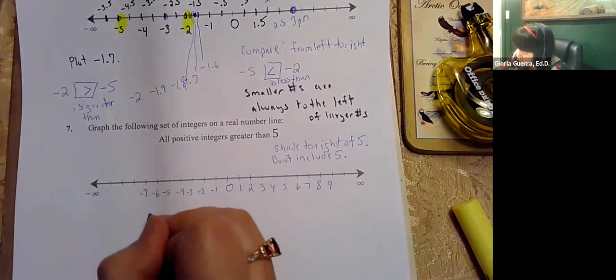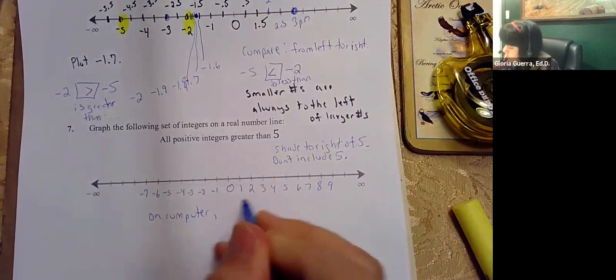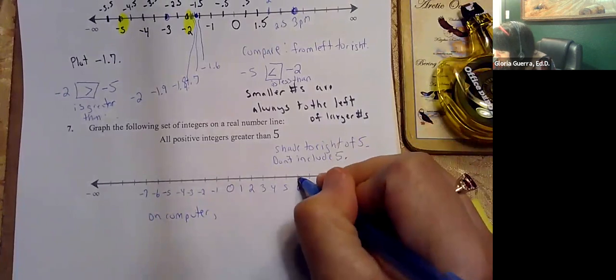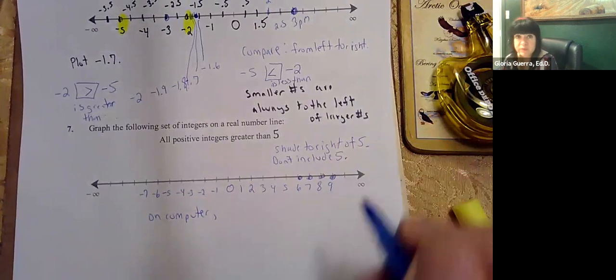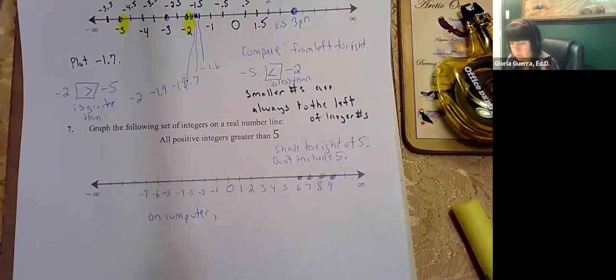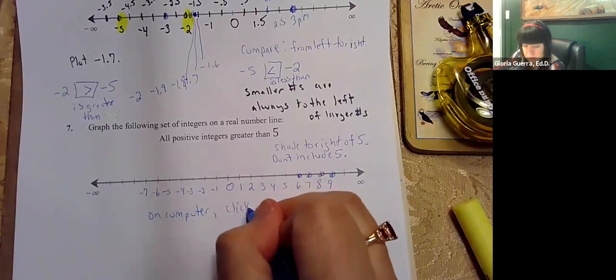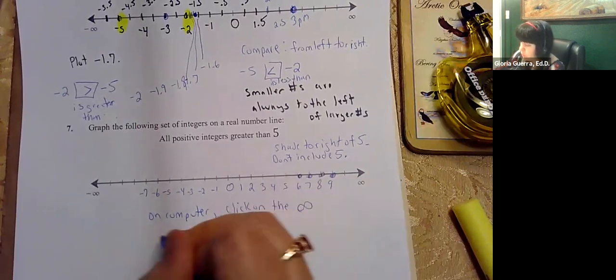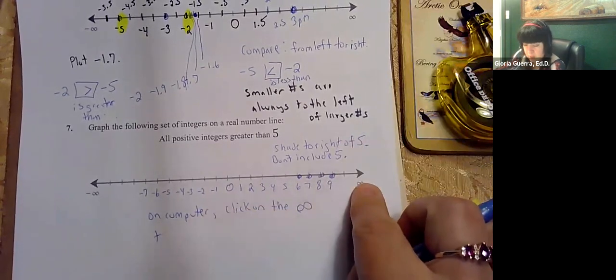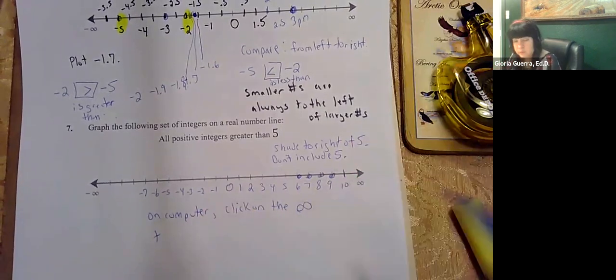So on the computer, okay, first of all, you're going to pick up your mouse and do this. 5, 6, 7, 8, 9, and so on and so on. And on the computer, you're going to have to click on the infinity. And when you click on the infinity, it's to let you know that other numbers beyond 5 are also part of the answer.